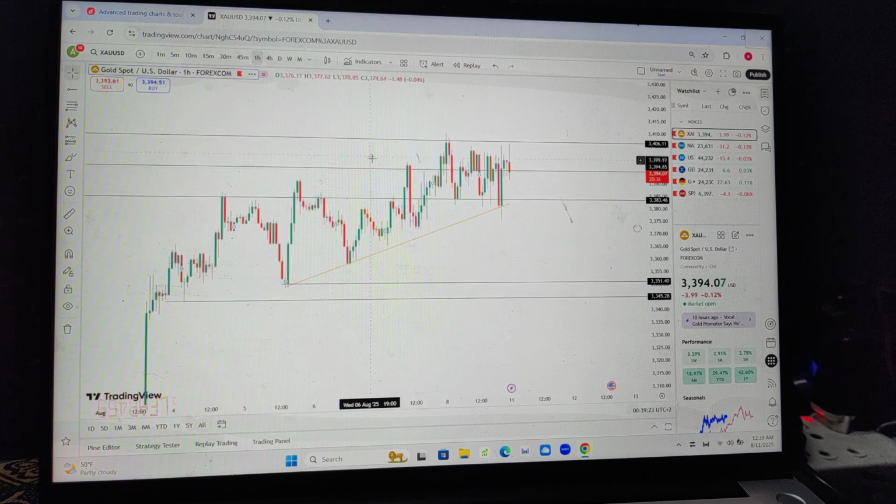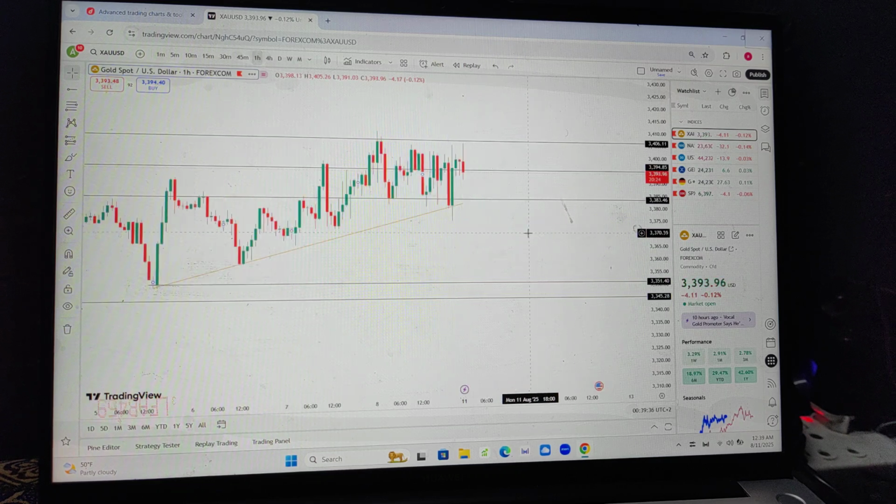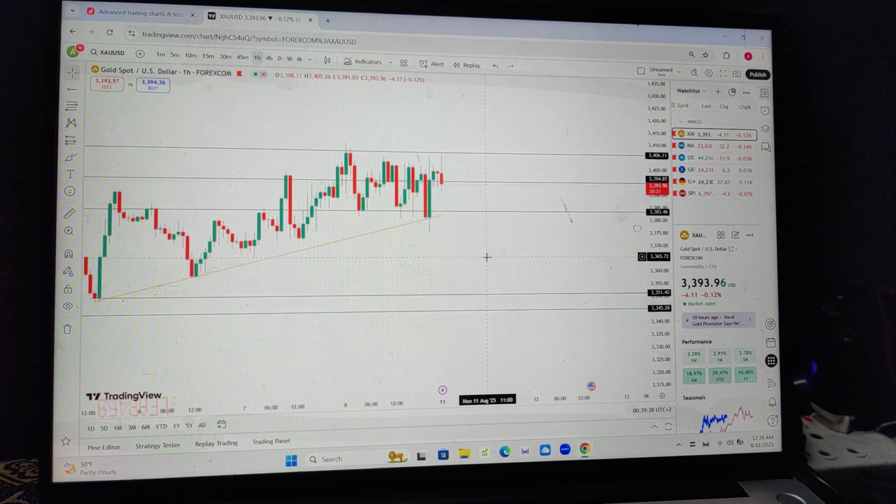Do a proper top-down analysis on the market to confirm your entries. Don't just enter anyhow in the market. It's very important, guys. We're not gambling here. This is business, straight up business, guys. You want to be doing this as a full-time job.